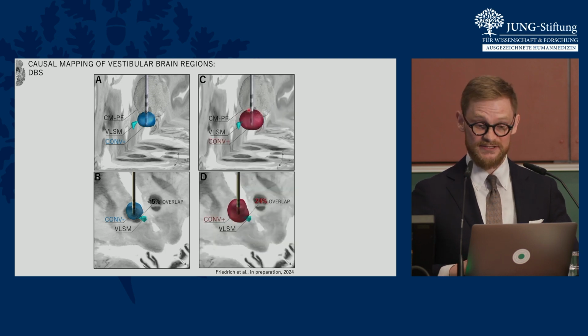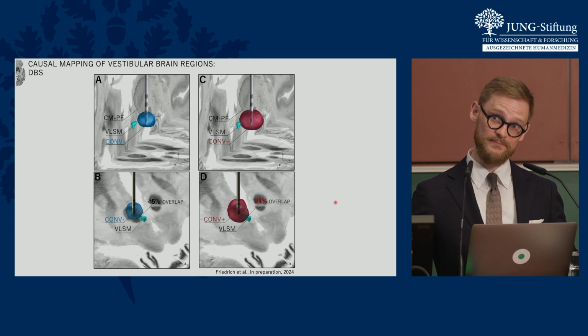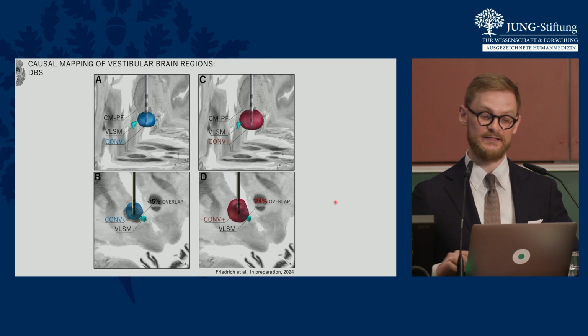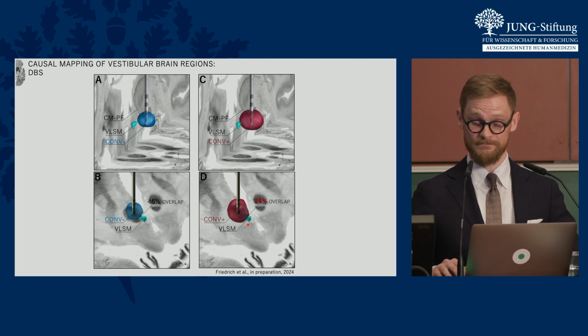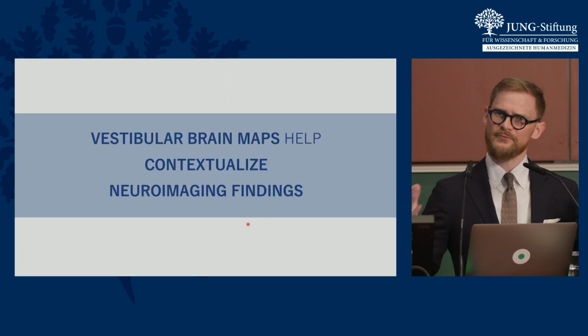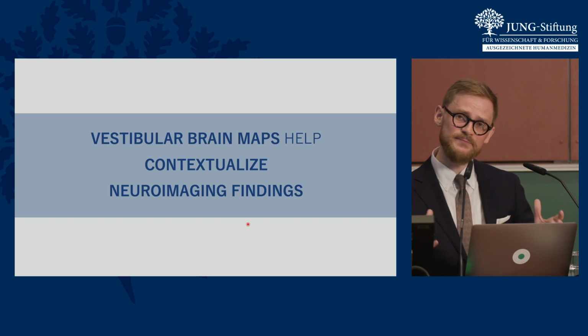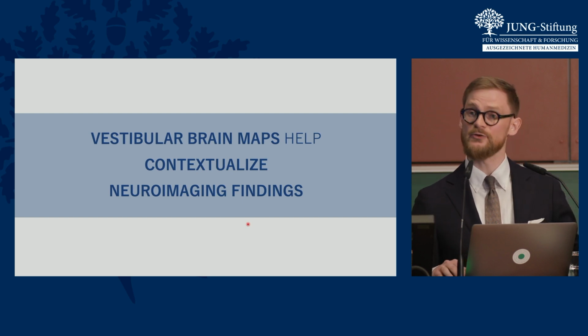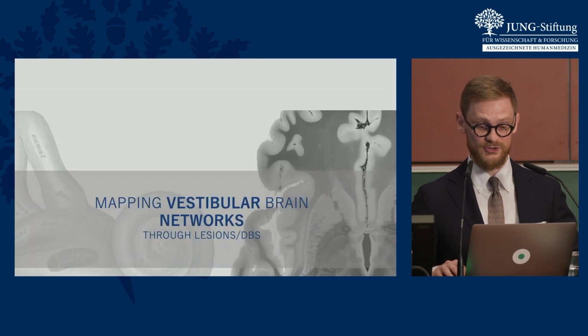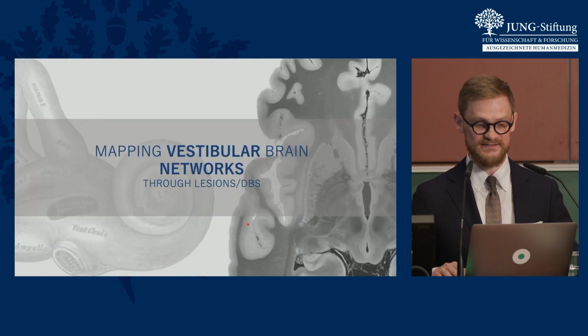However, the electrical field that did cause the problem, the eye movement problem in this unrelated patient, really did overlap it in a considerable manner. So, as a preliminary take-home message, vestibular brain maps and brain atlas maps can help us contextualize and understand neuroimaging findings and investigate the function of the brain in unprecedented detail.